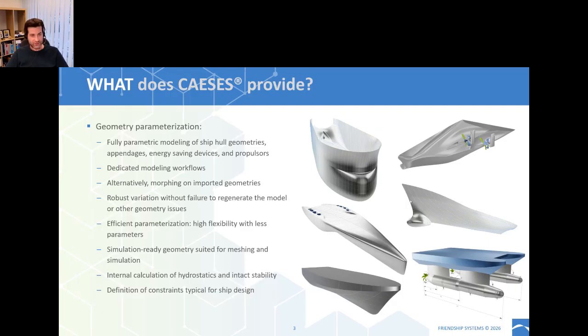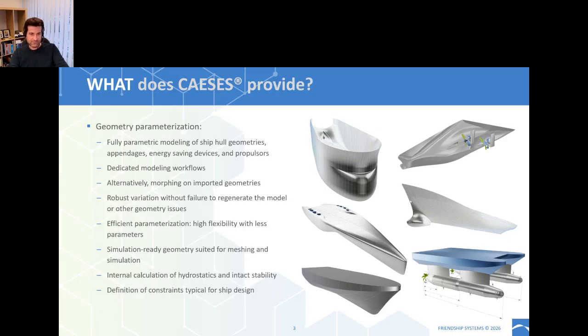And alternatively to creating a completely new parametric model, Cases also allows to morph imported geometry. So basically, parameterize changes to an existing geometry. If you have, for example, a parent hull that you would like to modify and optimize, then that would be one possible way to go.